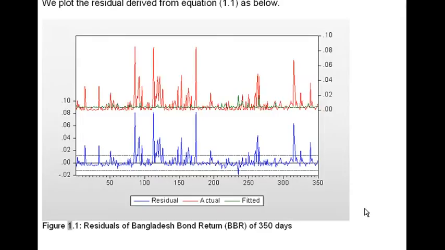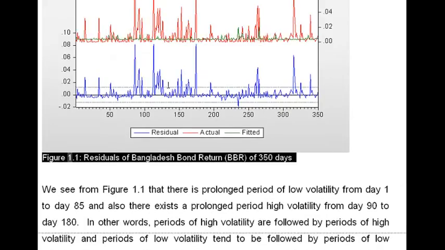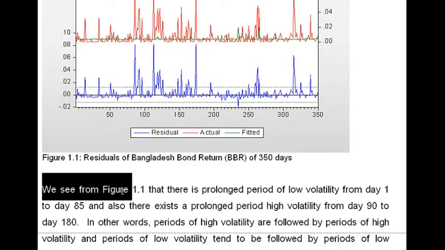So what is happening now, you just go down below. So my plan is to interpret the result, interpret the meaning of the residual. We see from figure 1.1.